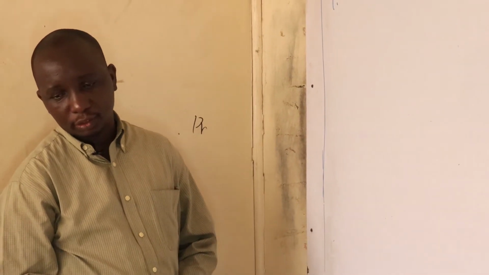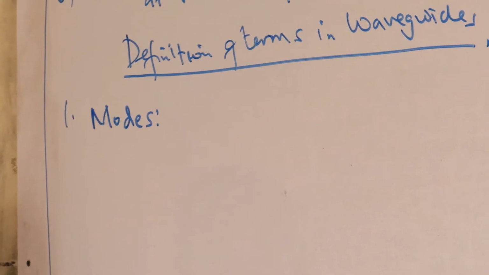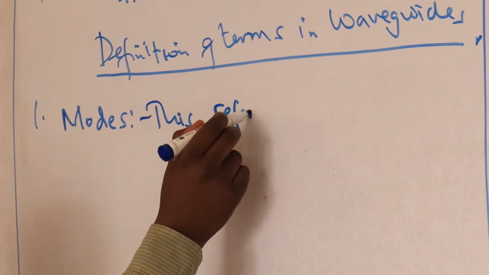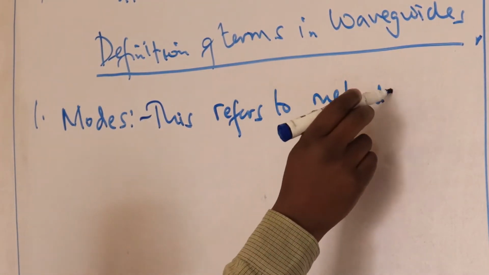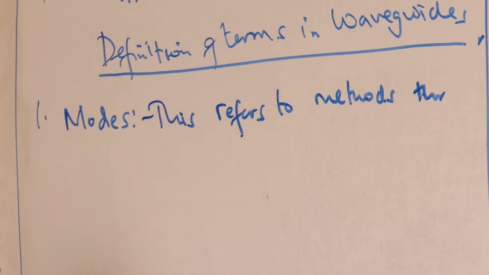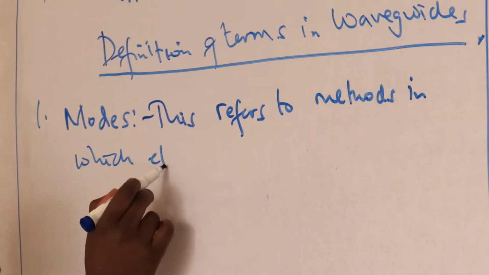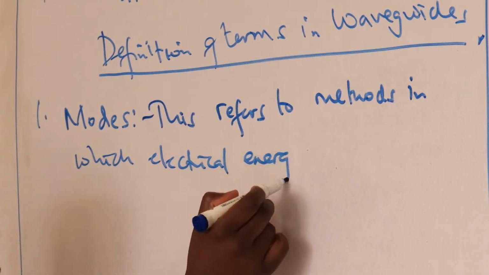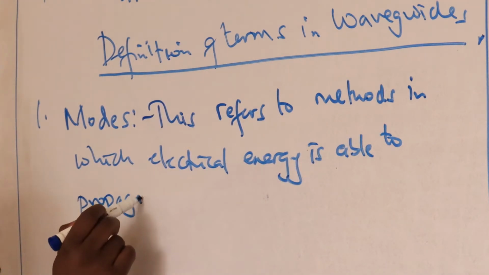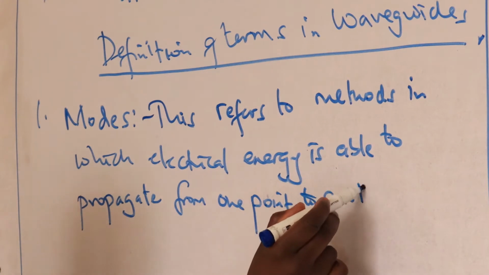So the first term is the modes. Modes refers to the methods in which electrical energy is able to propagate from one point to another.